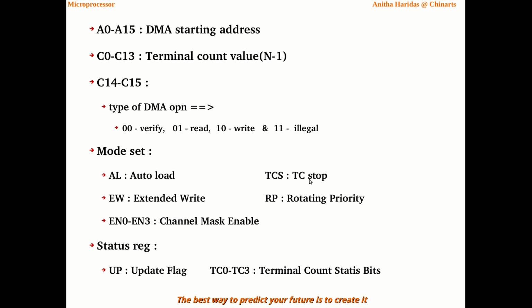You can see TC stop, the rotating priority, then the auto load, extended write, the channel mask enable. All these are used in the mode set register, and in the status register we will have the terminal count status bits as well as the update flag. So these are the different contents we will be having inside the registers.